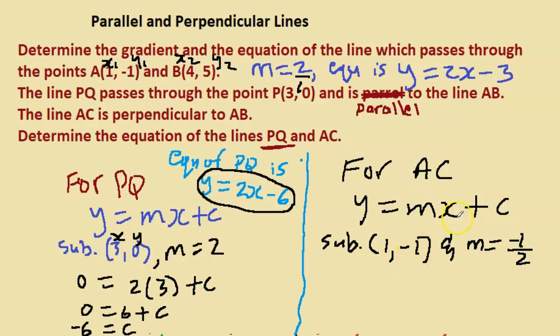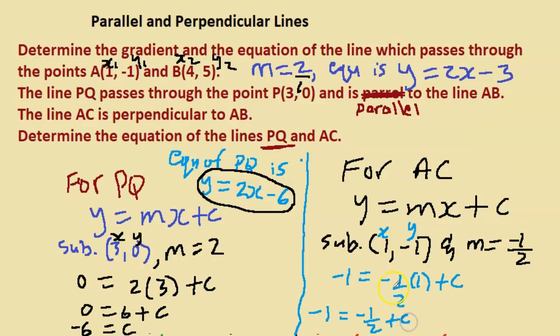Alright, so we sub these into y equal mx plus c. The first number is the x, and the negative 1 is the y. So negative 1 for y, m is negative a half, x is 1, and we have plus c. Then I have negative 1 equal to negative a half plus c.